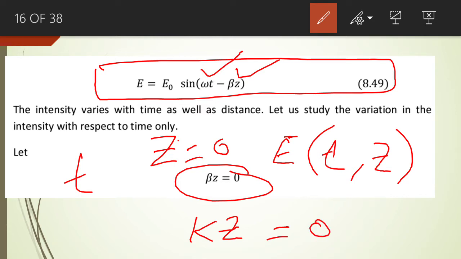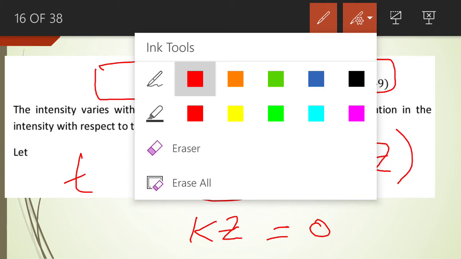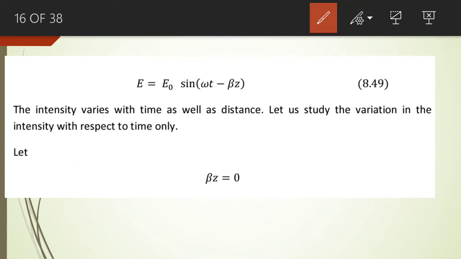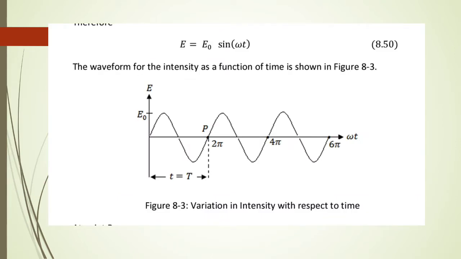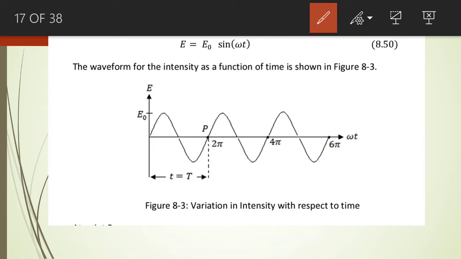Okay. So if kz in this equation is equal to 0, then this equation can be written in the form of equation number 8.50. You see, this is the magnitude of the electric field intensity, which is varying sinusoidally with respect to time.